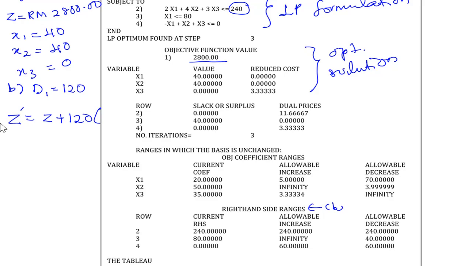The dual price for the first constraint is here, 11.67. So 2,800 plus 120 multiplied by 11.67. So we get RM 4,240 cents.